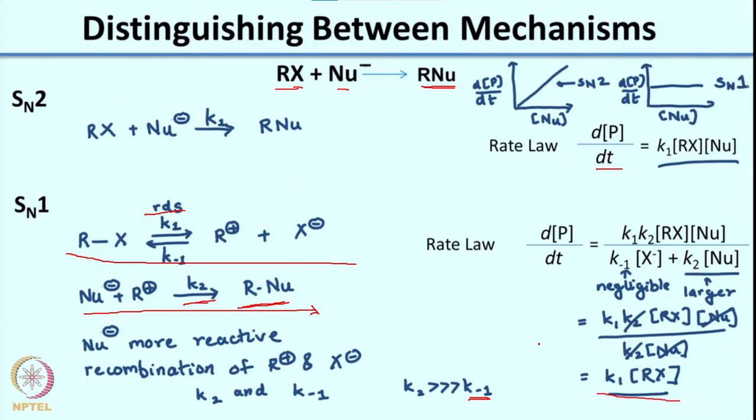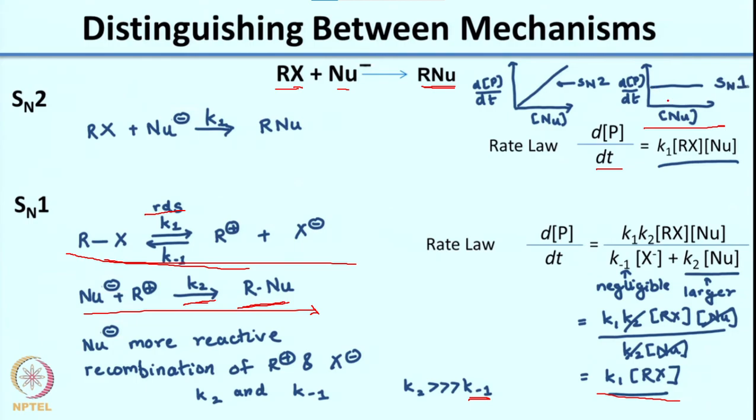So what does this equation suggest? This equation suggests that the SN1 reaction rate is independent of the nucleophile concentration. It does not depend on the concentration of nucleophile, because the rate determining step is the first step only, and the nucleophile concentration is not mattering for giving the rate equation. In terms of the graph, the x-axis is the concentration of nucleophile, and the y-axis is dP/dt, that means the product formation with respect to time.